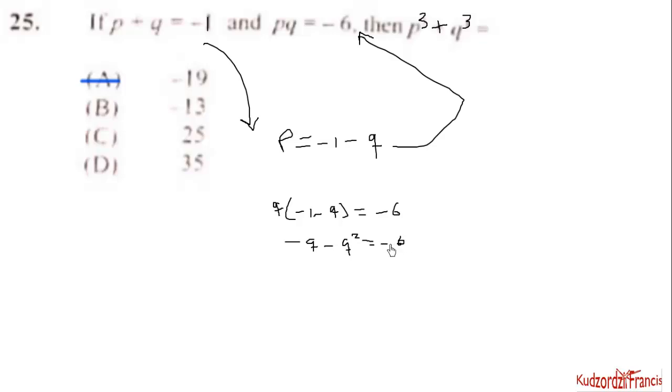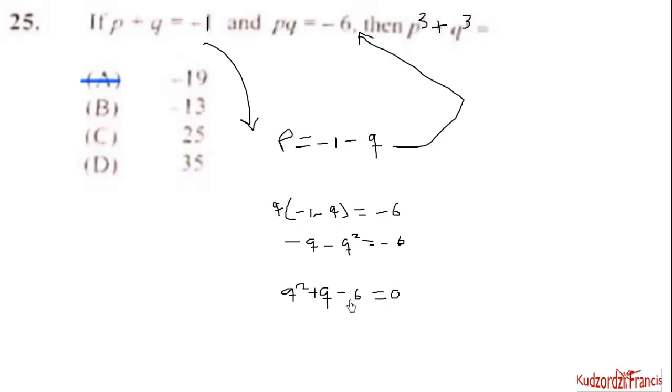So let's bring all this here, we get Q squared minus Q. Now it's positive Q, then -6 is equal to 0.